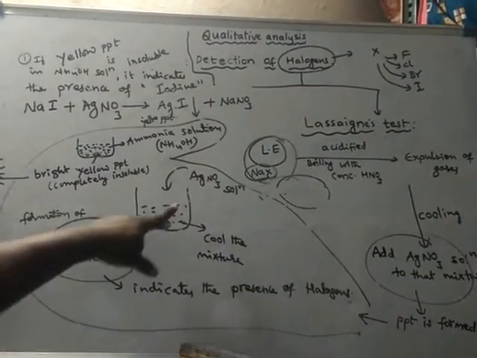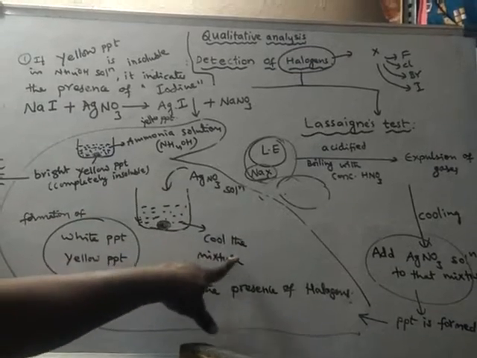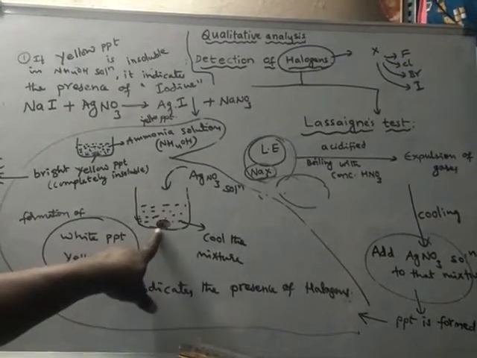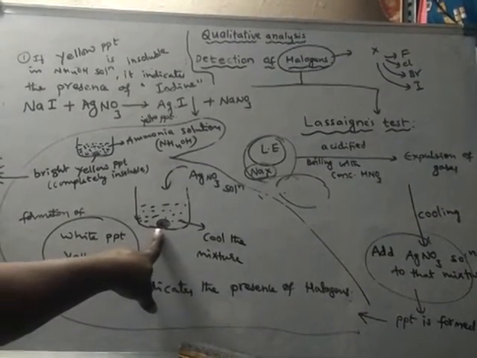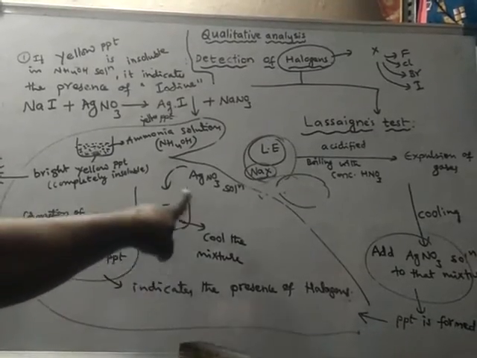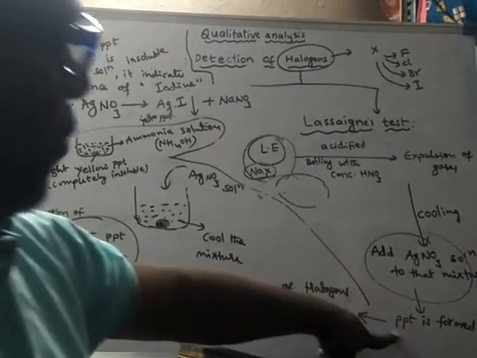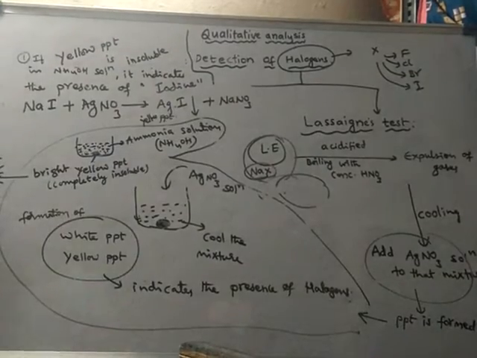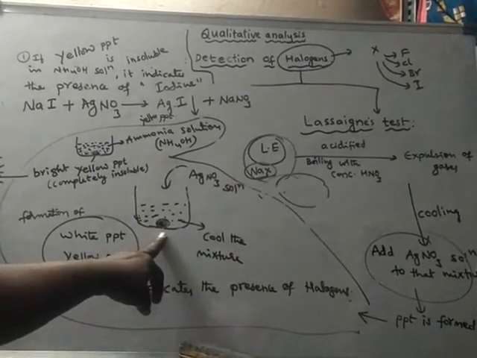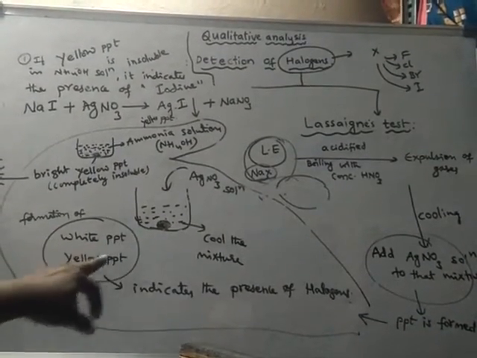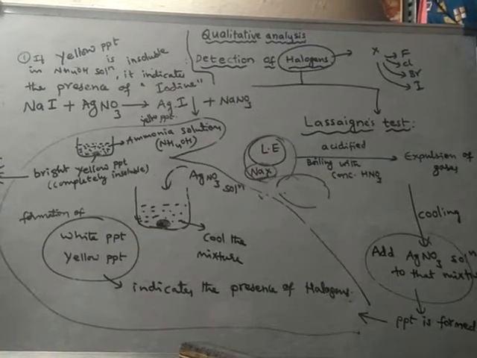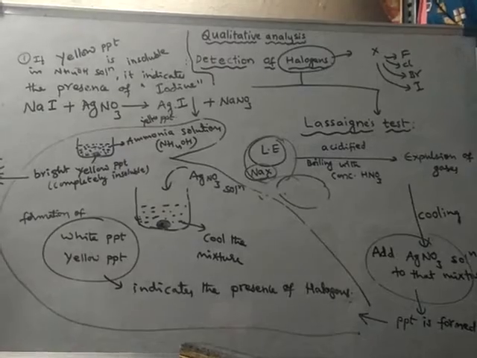Immediately, if silver nitrate is added to this cooled mixture, a precipitate is formed. The precipitate may be white in color or yellow in color. Yellow may be dull yellow or bright yellow also.